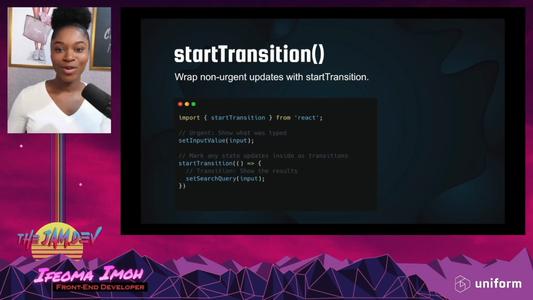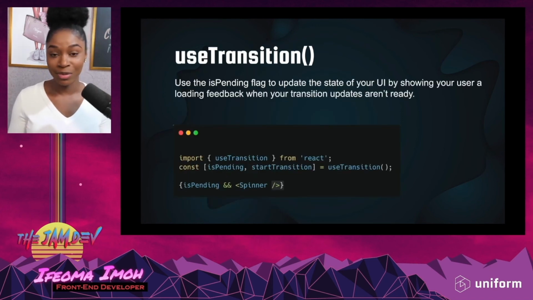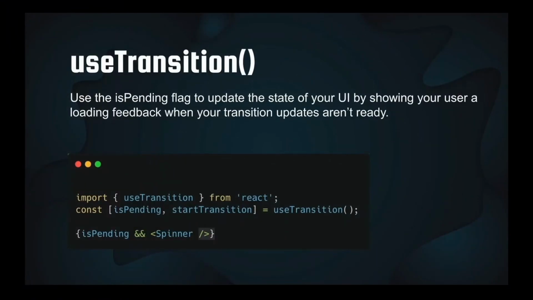Now, another really cool thing is React also lets you provide visual feedback during a state transition if, for example, the search result is taking some time to get back. And this can be done using the useTransition hook. This hook returns a start transition function that we can use to wrap our transition updates, as well as an isPending flag.